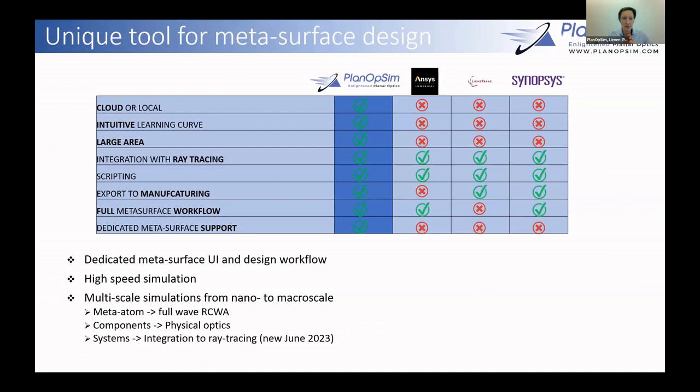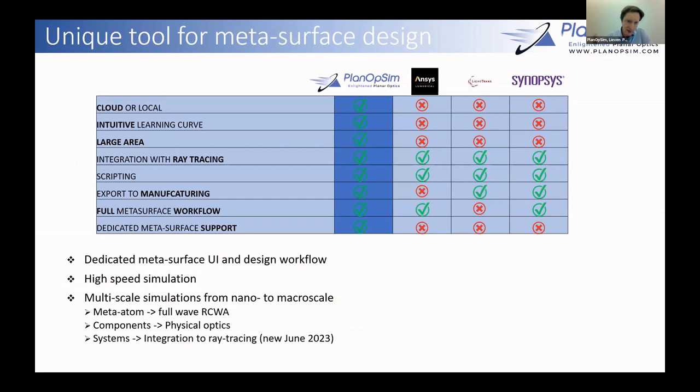We believe our tool is uniquely tailored for metasurfaces compared to other simulation tools that you might know. It's available for both simulations locally or on the cloud. It's very intuitive, as also our users confirmed. We can do large area simulations up to 3,000 times larger than with conventional full wave tools, integrate to ray tracing.